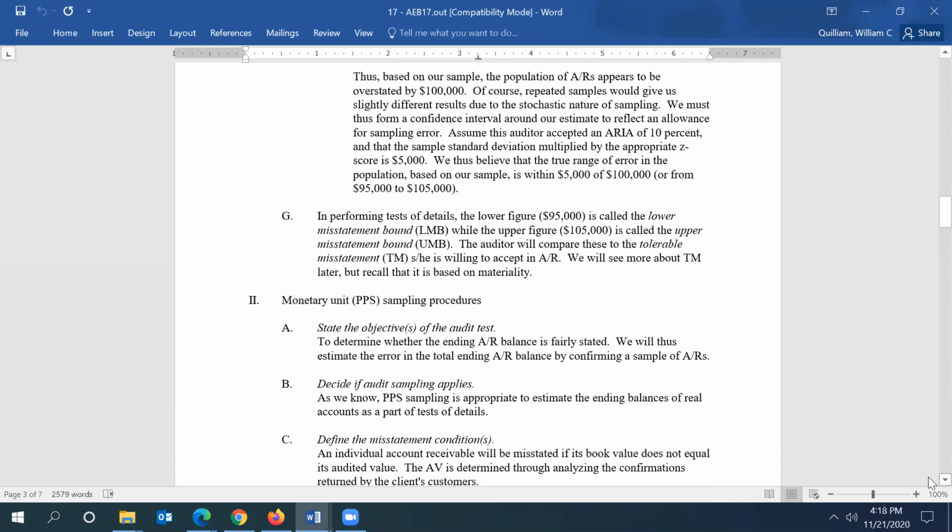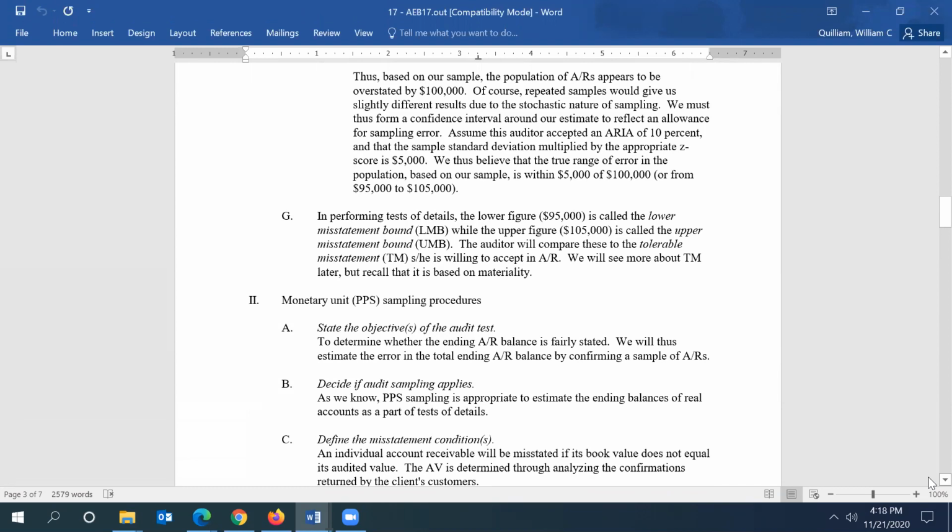Of course, repeated samples would give us slightly different results due to the stochastic nature of sampling. We must thus form a confidence interval around our estimate to reflect an allowance for sampling error. And assume this auditor accepted an acceptable risk of incorrect acceptance, or type 1 error, at 10%, and that the sample standard deviation multiplied by the appropriate z-score is $5,000.